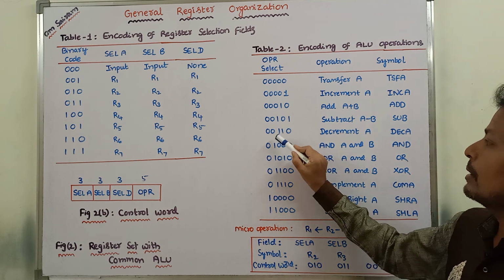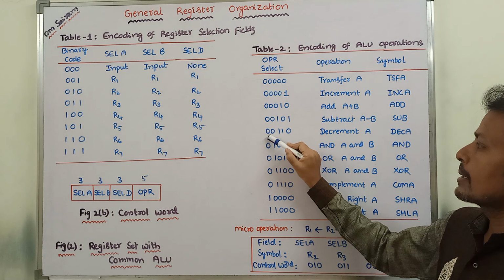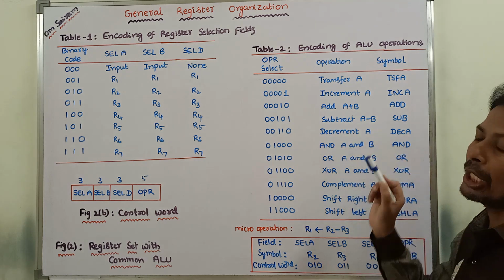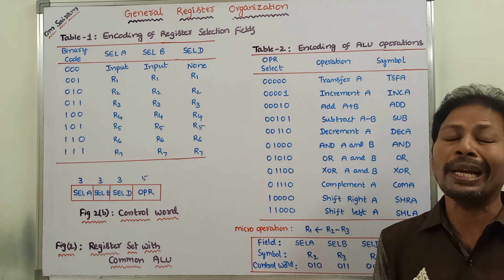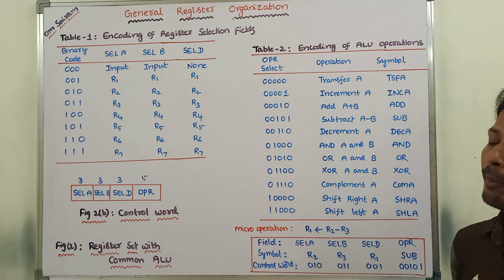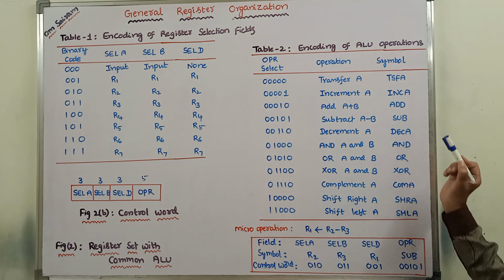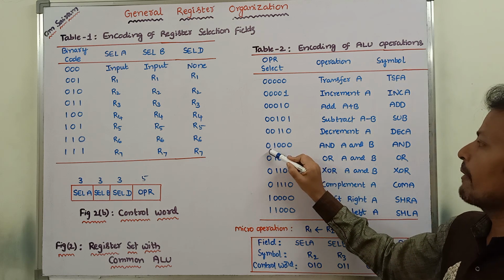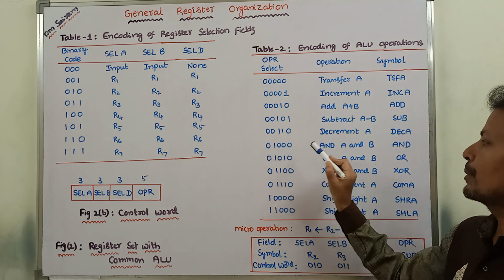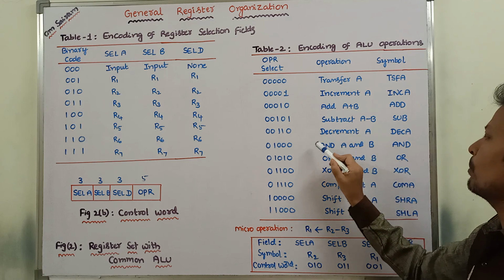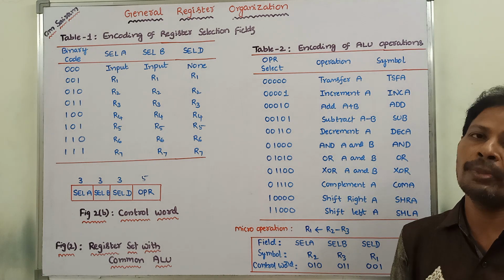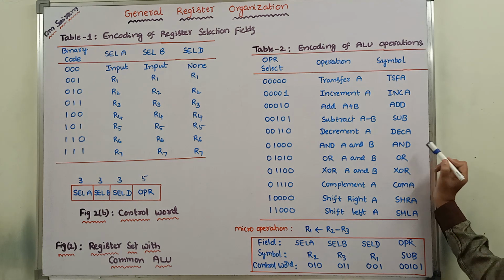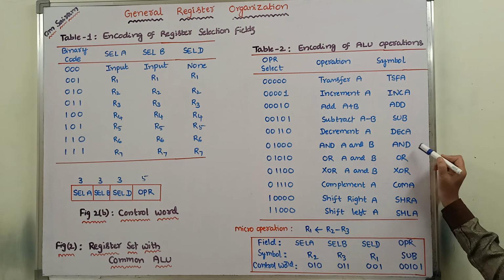Next one, OPR value is 0, 0, 1, 1, 0. We have to perform the decrement operation. We are decrementing the content of register A by 1. That can be denoted by DECA. Next one, OPR value is 0, 1, 0, 0, 0. We have to perform the logical AND operation between the content of register A and register B. The symbol used is AND.